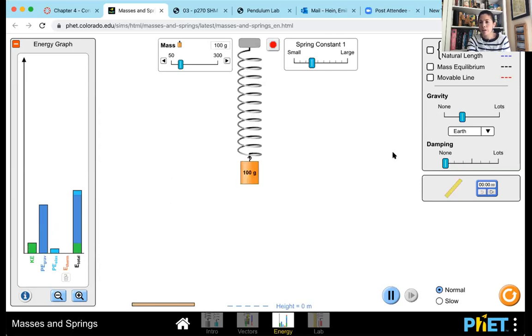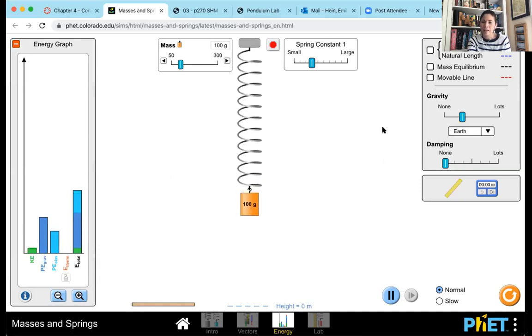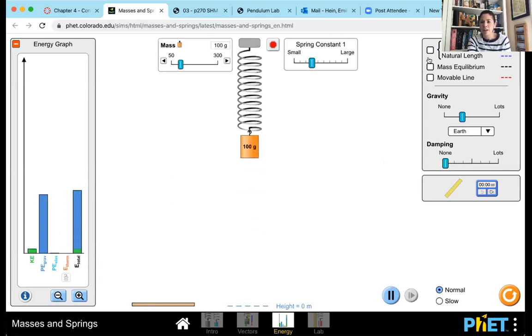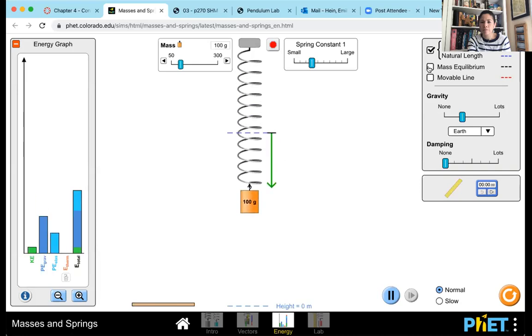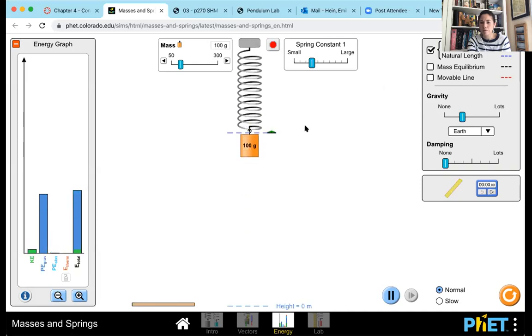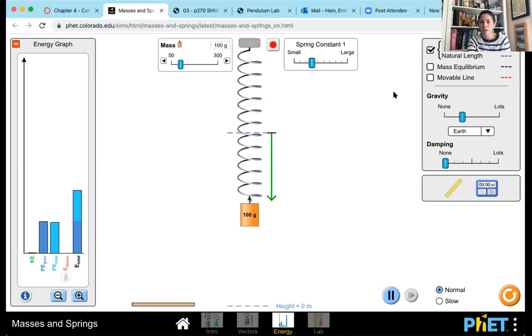You can change various factors, so you could change gravity. Right now we are on Earth, but you could see how things would be affected if we moved to another planet. You can look at different things that will show you the displacement from the equilibrium position.